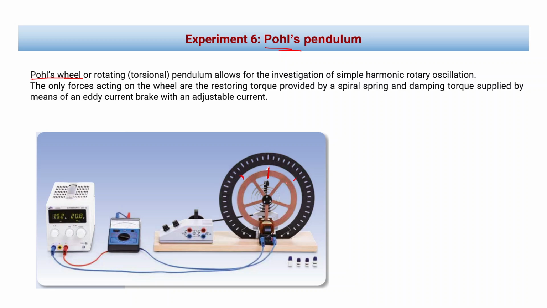It will keep on oscillating about this mean position, going right and left once we start it. That will be free oscillation, just like the simple pendulum case. But here we can also do damped oscillation as well as forced oscillation.